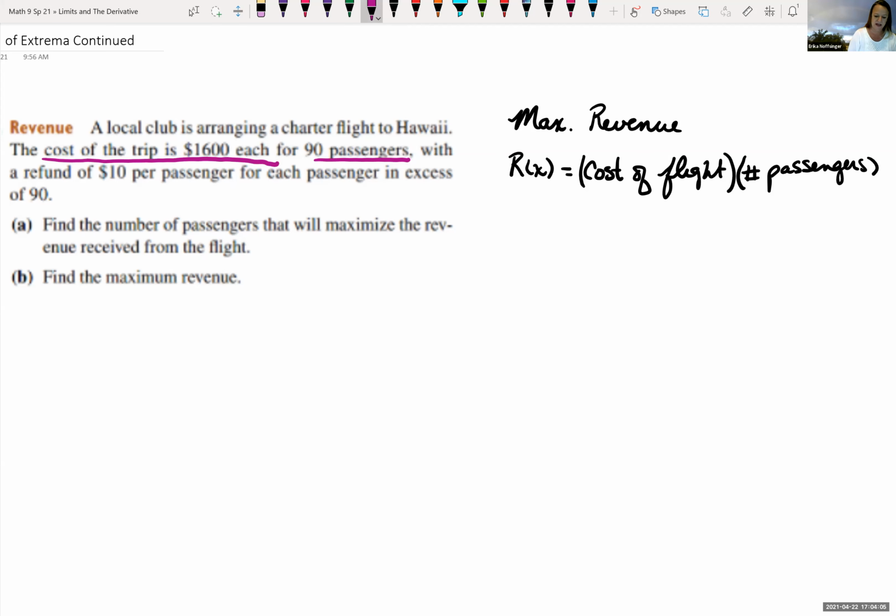So maybe we can let C equal the cost, and let P equal the number of passengers.